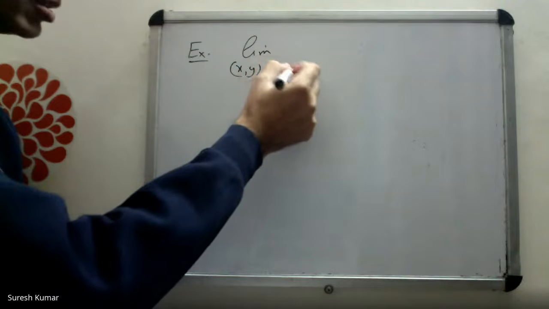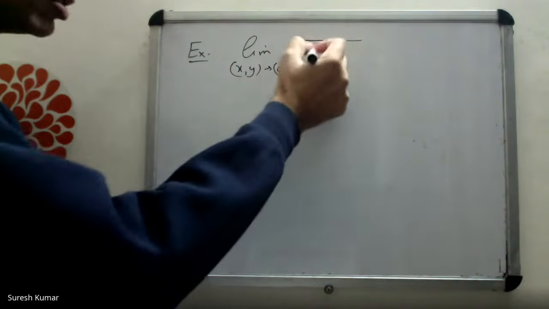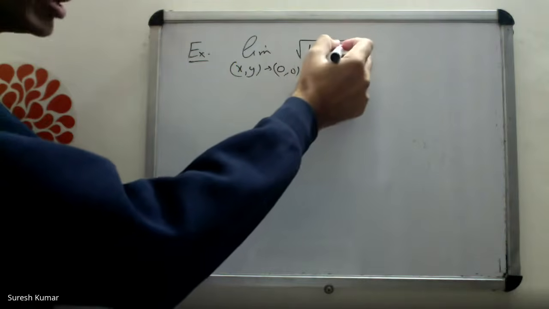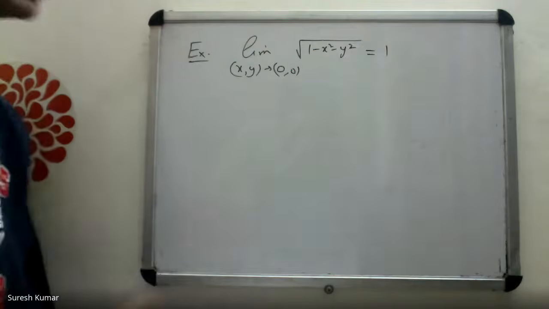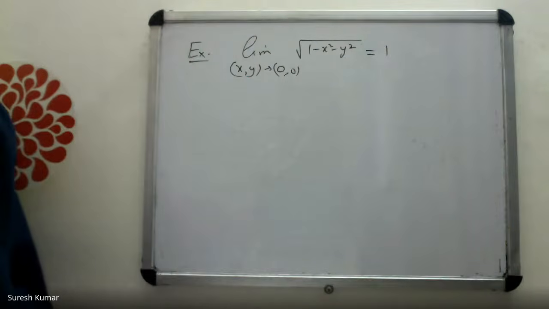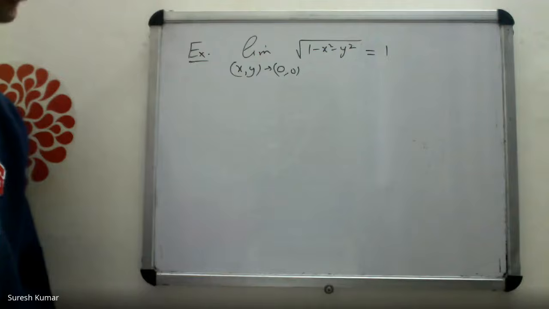Show that the limit of the function square root of 1 minus x square minus y square as (x,y) goes to (0,0) is 1. Use the epsilon delta approach here. So what we need to do in the solution?